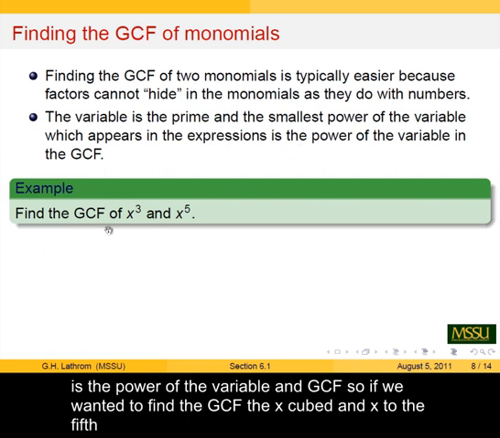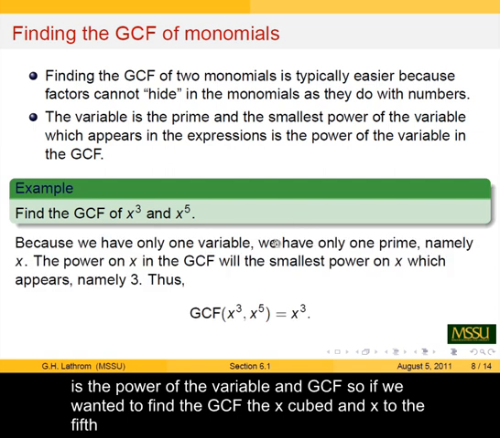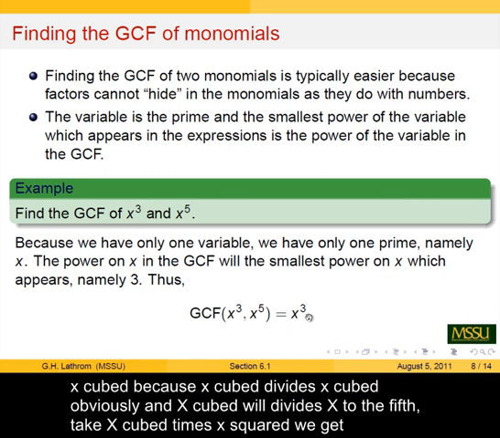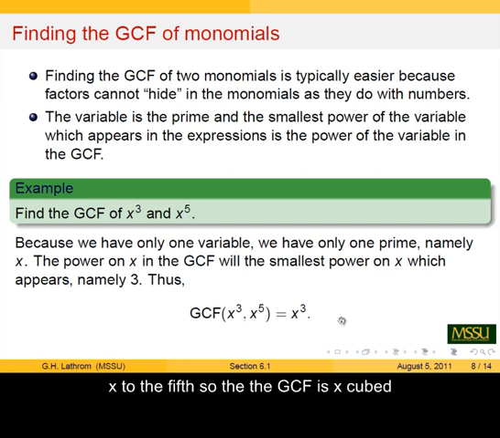So if we wanted to find the GCF of x cubed and x to the fifth, that is just going to end up being x cubed, because x cubed divides x cubed, obviously, and x cubed will divide x to the fifth. If we take x cubed times x squared, we get x to the fifth. So the GCF is x cubed.